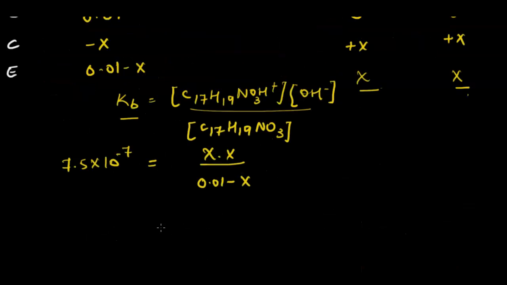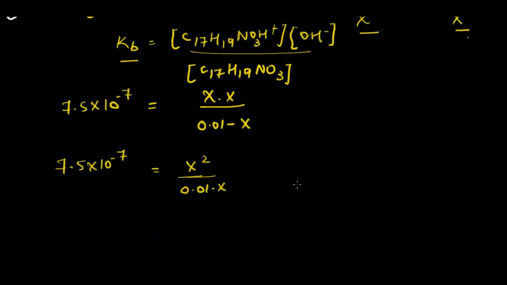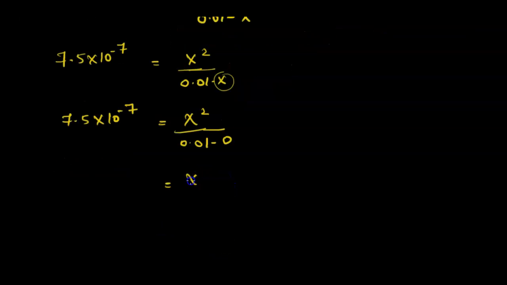Now we have to isolate for x. We can apply the hundreds rule on this because the equilibrium constant value is really small. Therefore, the x in the denominator can be considered as 0 and we would be able to get x squared over 0.01 equal to 7.5 times 10 to the power negative 7. When we multiply this and take the square root, we'll be able to get x.